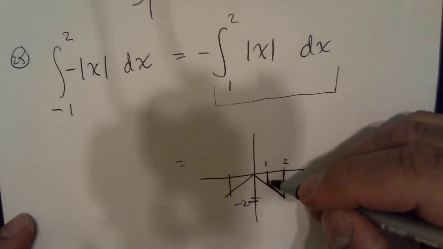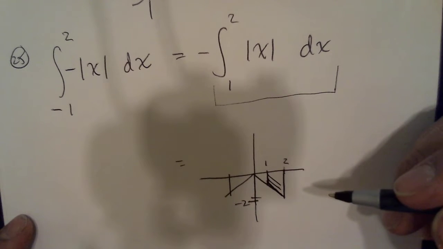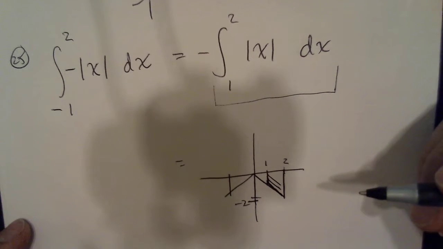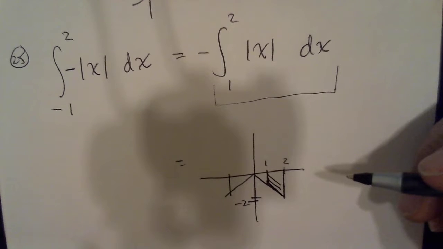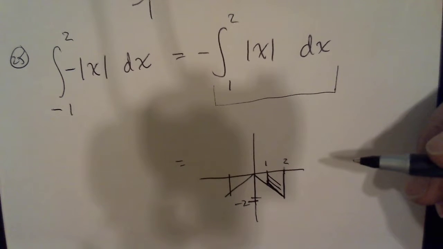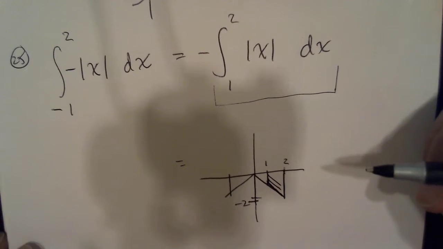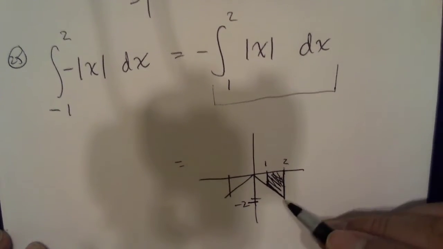Okay, so here we're looking for this area right here. Okay, yeah, so we're looking for this, so it's just a trapezoid, right?